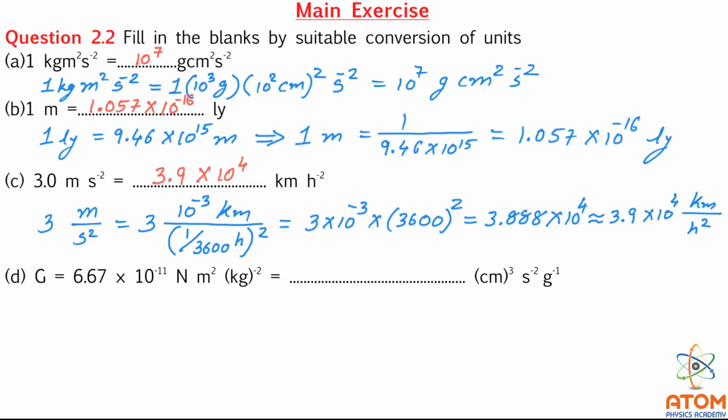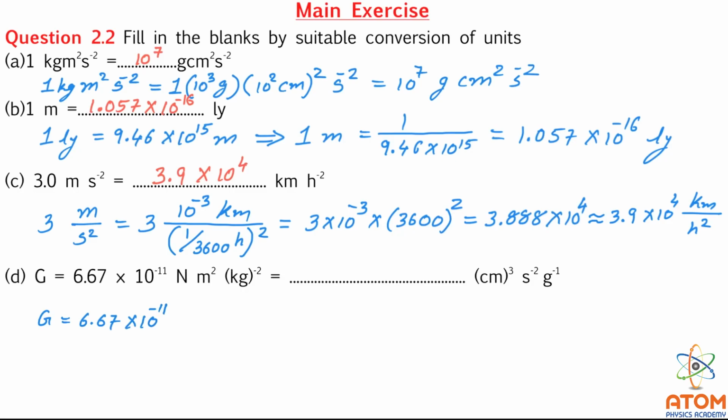Now let us see the fourth one. G is equal to 6.67 into 10 raised to minus 11 Newton meter square kilogram inverse square is equal to blank centimeter cube second inverse square and gram inverse. Let us sort out this. Here G is 6.67 into 10 raised to minus 11 Newton meter square kilogram inverse square.